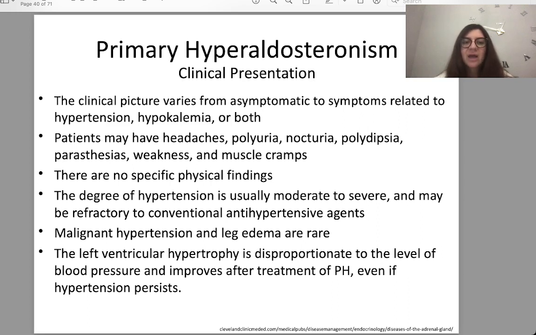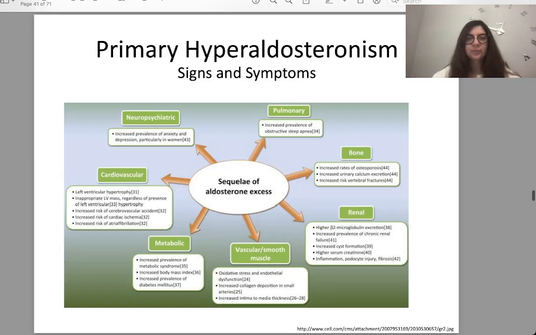The degree of hypertension is usually moderate to severe and may be refractory to conventional antihypertensive agents. Malignant hypertension and leg edema are rare. The left ventricular hypertrophy is disproportionate to the level of blood pressure and improves after treatment of primary hyperaldosteronism, even if hypertension persists.